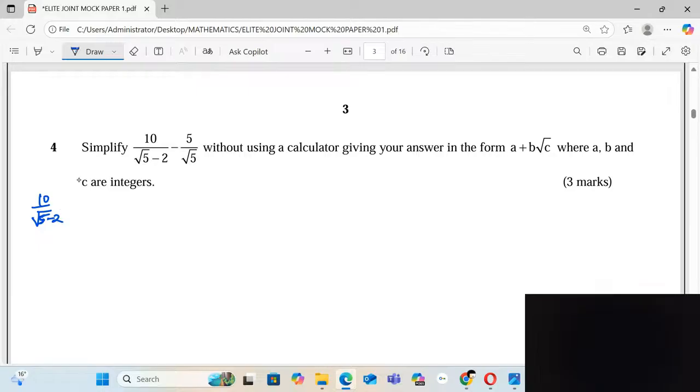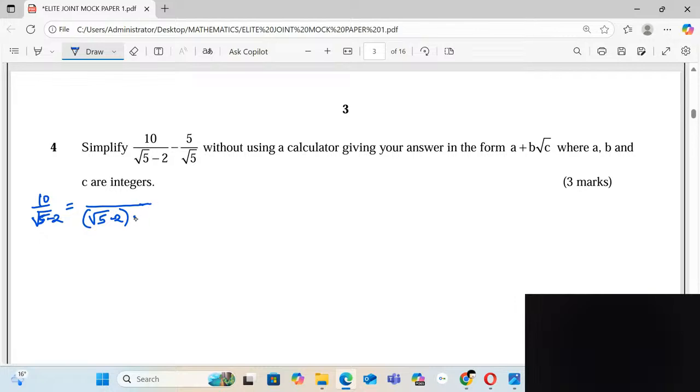Now this one will be equal to, now we want to rationalize the denominator. We're going to have the LCM, that is root 5 minus 2.